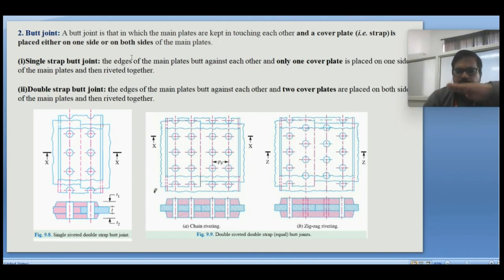If it is placed on both sides, then it is called a double cover or double strap butt joint. Here you can see a single riveted and double strap butt joint, and here you can see a double cover and double strap butt joint with chain riveting, and here you can see the double strap or double cover with zigzag riveting.